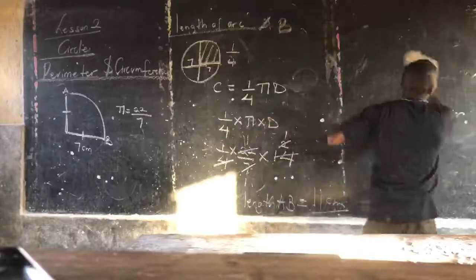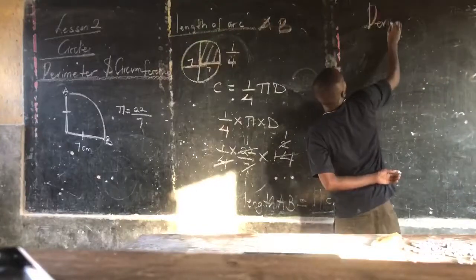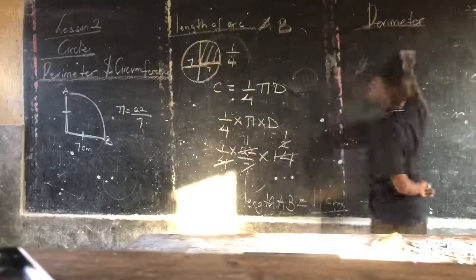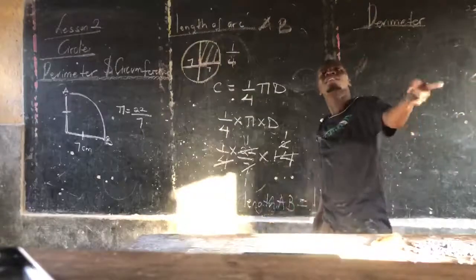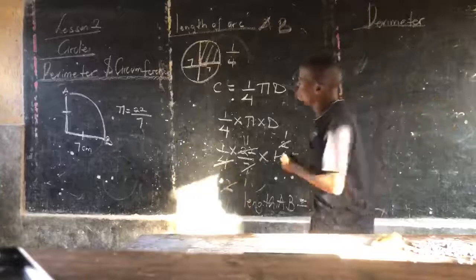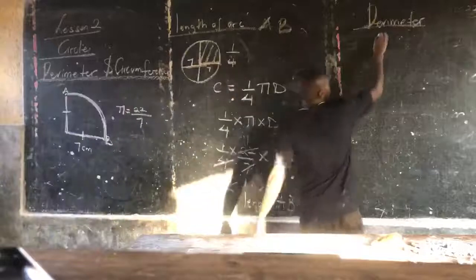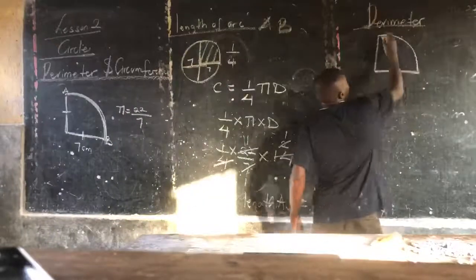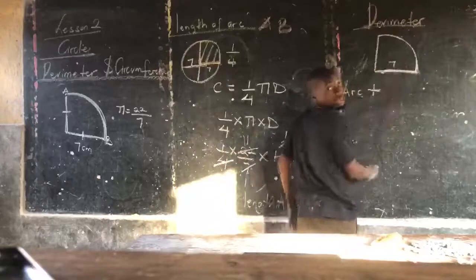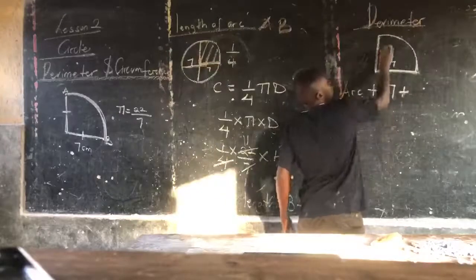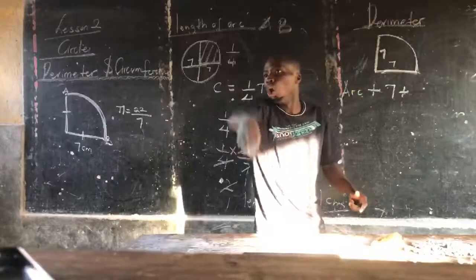Now let us get the perimeter. Calculate the perimeter of the figure. Perimeter means the total distance around the figure. I'm going to get my arc and add it with 7. You have to move around all of it, the whole of it.